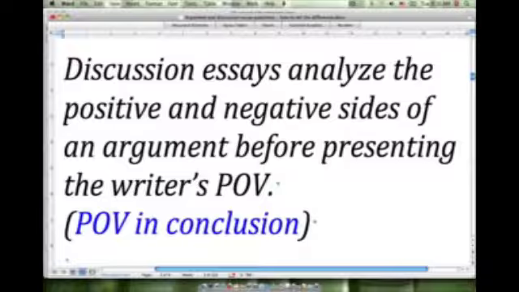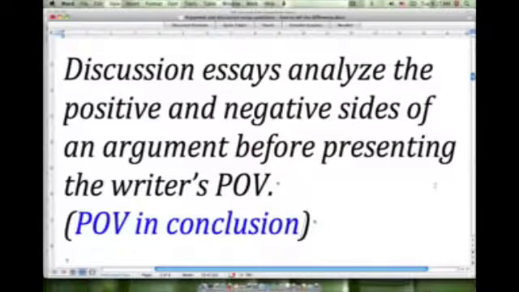In discussion essays, the writer looks at the opinions of other people, or as it says here, the positive and negative sides of an argument before presenting their own point of view. And the point of view comes in the conclusion. So in many ways, an argument essay is the inverse of a discussion essay.